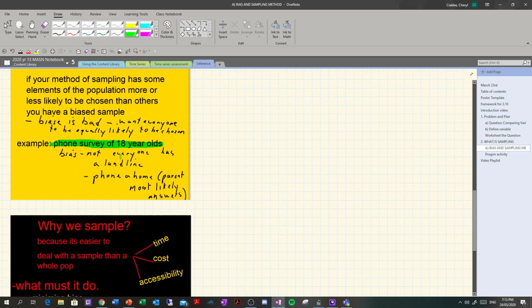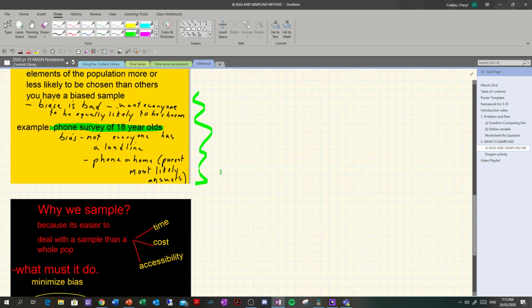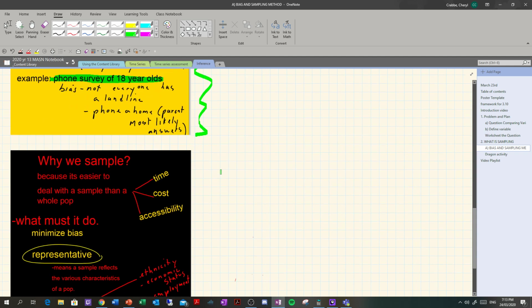So that's bias. So how you take your sample is very important, and you're going to have to be aware in your internal of how the sample was taken, how the data was collected, and you may have to have a conversation about whether it was a good technique, if it built in any kind of bias into the sample itself.